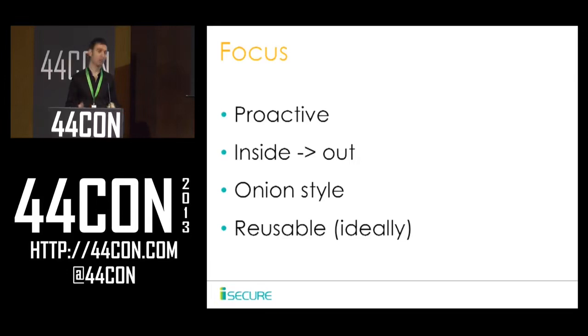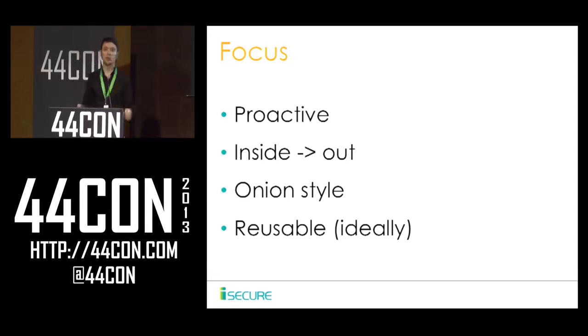And we're going to do it from the inside out, because most of our protections today are on the network level, so we shouldn't really be focusing on that part first. We should be focusing on doing stuff closer to the actual software. And we're going to do it onion style, of course, layer upon layer upon layer.